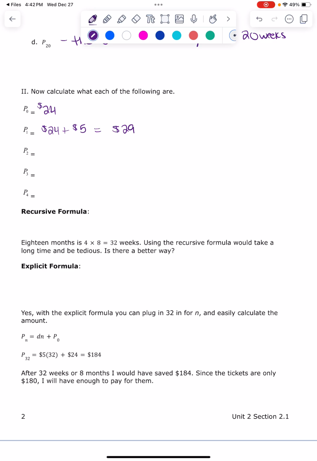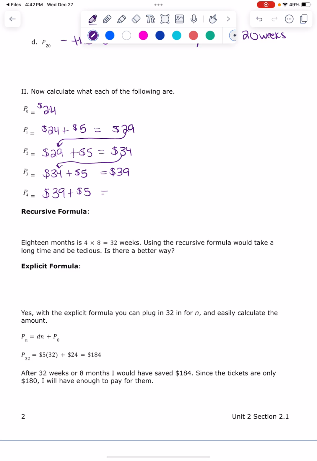After 2 weeks, you're going to have that $29 plus another $5. Note that that 29 gets repeated here, which is $34. And then after 3 weeks, it's $34 plus another $5, which is $39. And then in 4 weeks, it's $39 plus $5, which is $44.